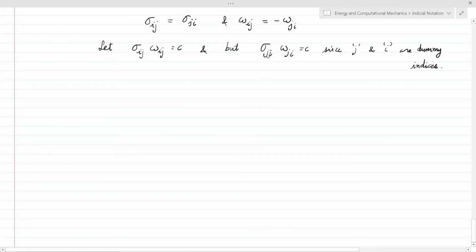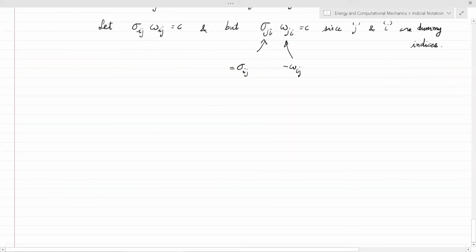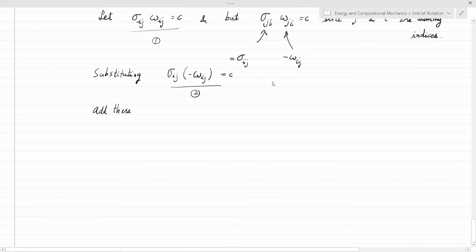Well, guess what? sigma_ji is equal to sigma_ij, so that's sigma_ij, but this is minus omega_ij. So therefore, c has to be equal to 0, because if I add these two linearly, sigma_ij times omega_ij is c, sigma_ij times minus omega_ij equals c. If I add this up, 2c equals 0, and c becomes 0.